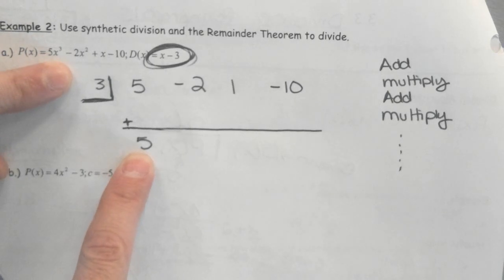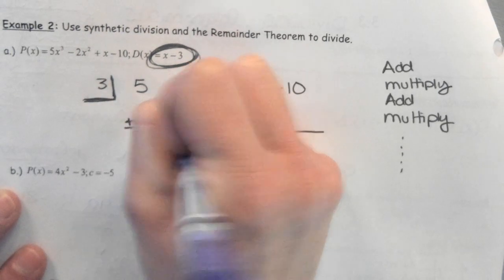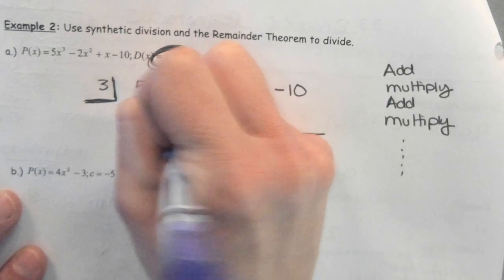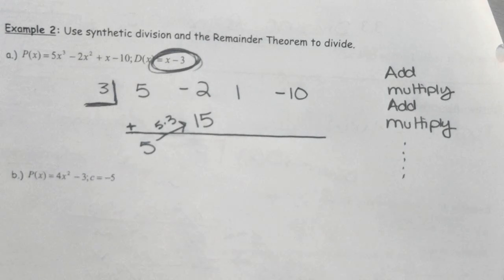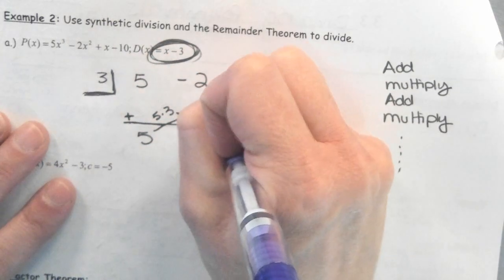5 times 3 is 15, and that number goes here. So how did I get here? I took my 5 and I multiplied it by the number on the ledge. That's how I got from the 5 to the 15. So you progress like this. Now I add again. What's -2 plus 15? 13. Then I need to progress over here.